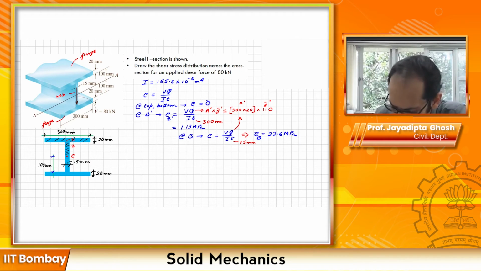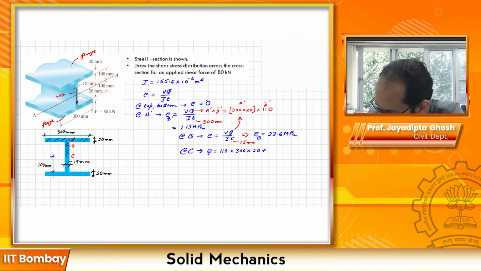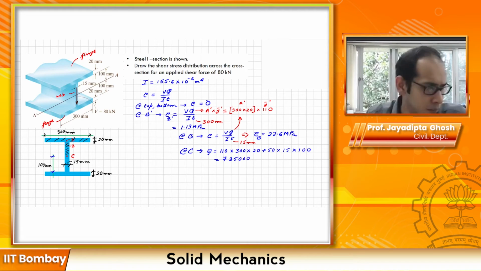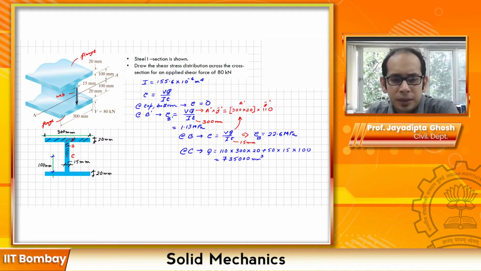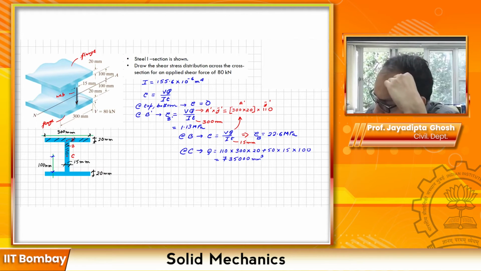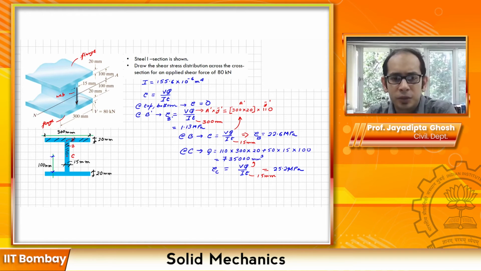So for that, the value of Q, let me just mark that at C. So at C you get the value of Q, and again you substitute in the same formulation, and we get tau at C as 25.2 MPa.